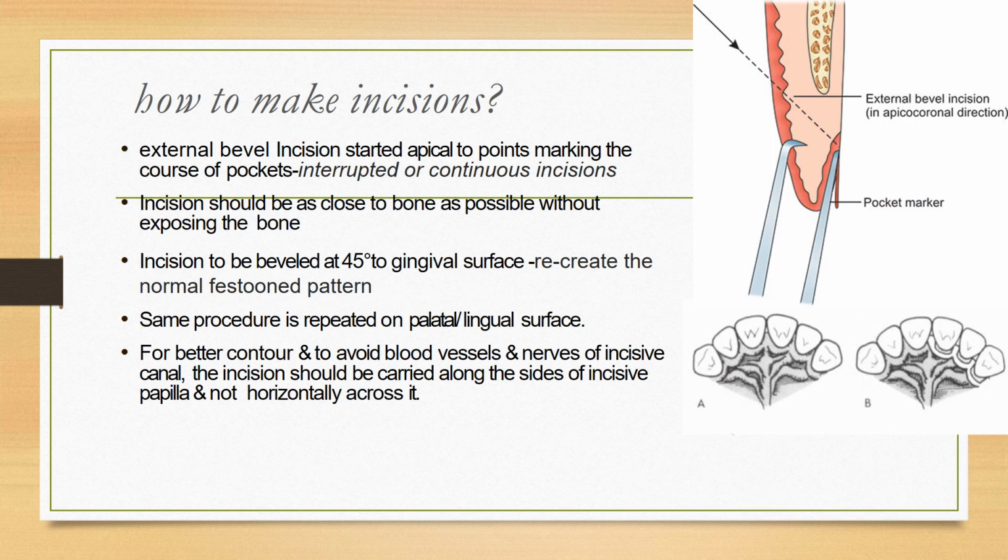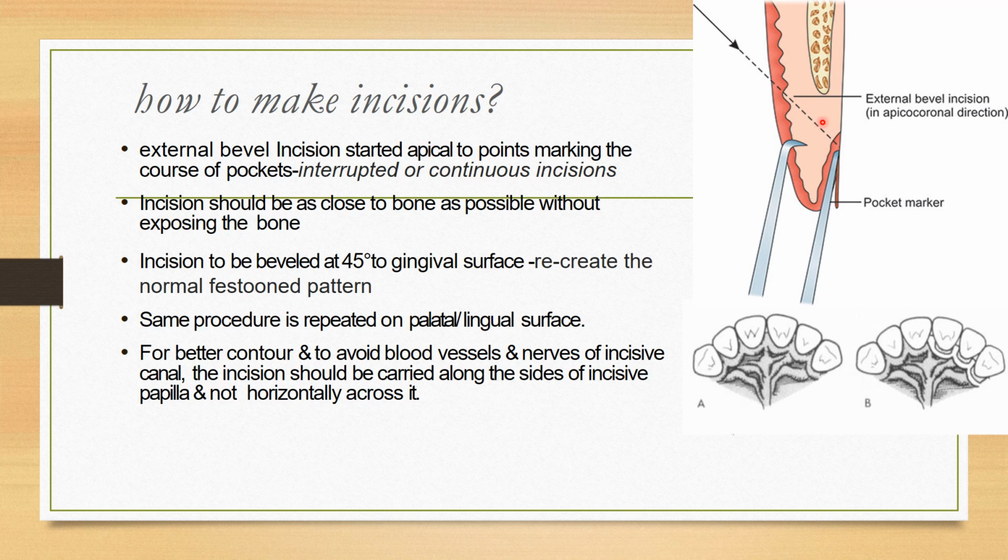So how to make the incision? As we told, this external bevel incision will be given, starting apical to the points marking the course of the pockets. This can be either continuous or interrupted incisions. This should be as close to bone as possible without exposing the bone. As we told, this incision should be beveled at 45 degrees to the gingival surface.